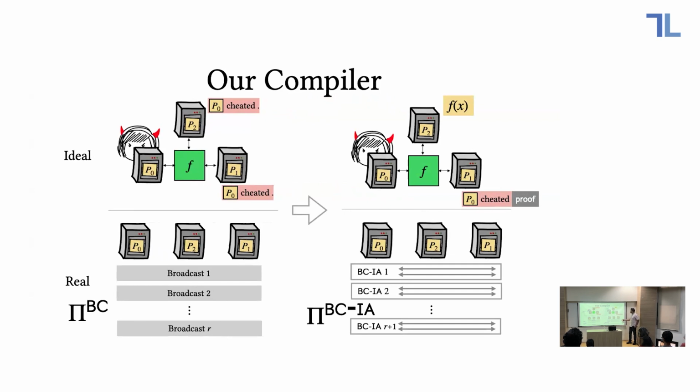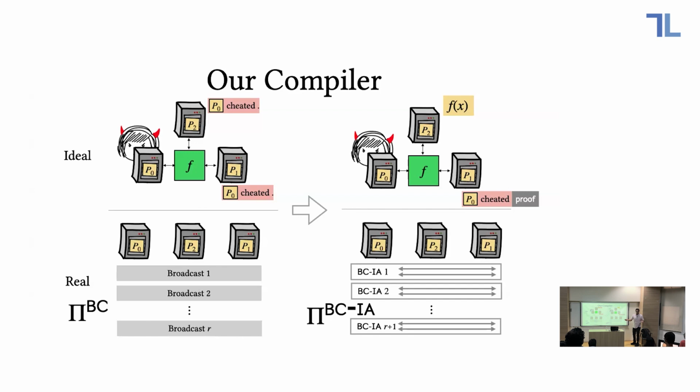Under the hood, this BCIA primitive only takes 2 point-to-point rounds. So for every round in the original broadcast protocol, we now have 2 point-to-point rounds. We actually have one extra round for some small technical reason. So if we had R rounds originally of broadcast, which it's unclear how to instantiate, now we have 2R plus 1 rounds in the point-to-point setting.